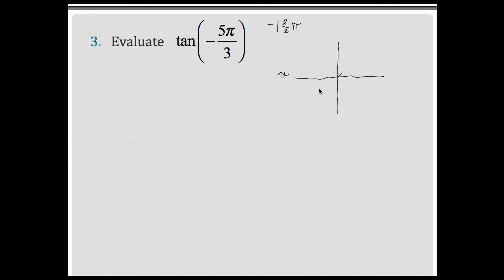So that's going to put you up here, about. So your angle went this way. Your reference angle, remember, is going to be this one in here. It's the distance between where the angle ends and the closest x-axis. So the reference angle for this one is going to be pi over 3.